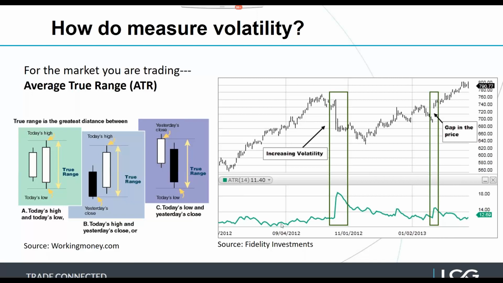And it shows as an underlay on the chart, and you can see here the market's in a kind of steady uptrend, but then we suddenly roll over into a sharp downtrend, and the ATR spikes up. So the ATR doesn't tell you which direction, because you can see here the market drops but the ATR goes up.